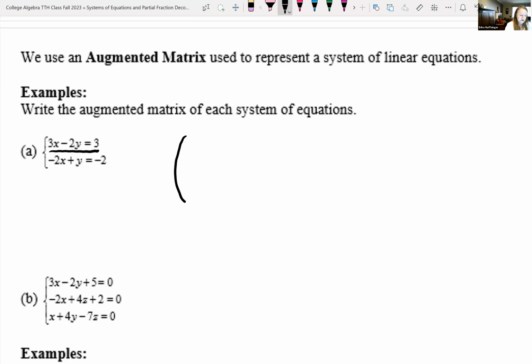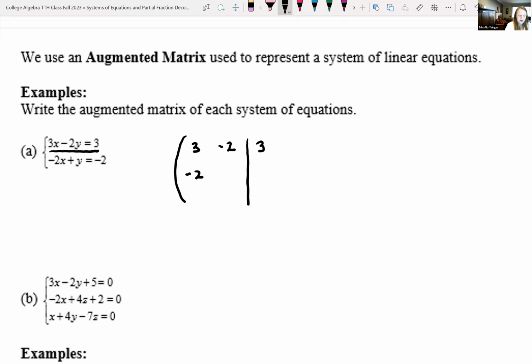And so the coefficient is 3. The next coefficient is negative 2. And then there goes the equal sign. So usually between the terms with a variable and the equal sign with a constant on the other side, you see this vertical line, meaning this is an augmented matrix. And then on the other side of that vertical line is a 3. So that is our first row of our matrix. Our second row of the matrix is going to be negative 2.